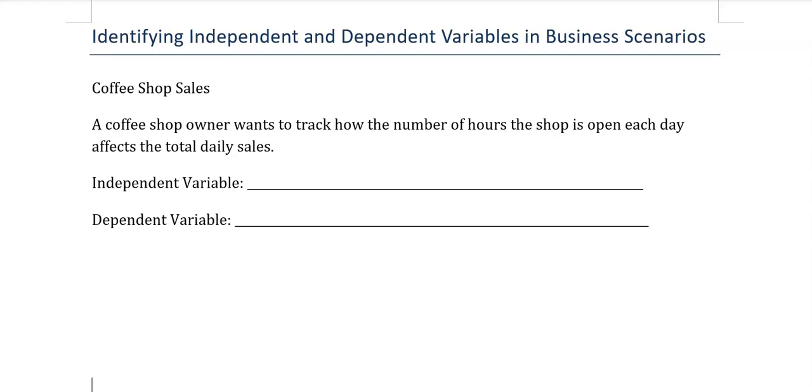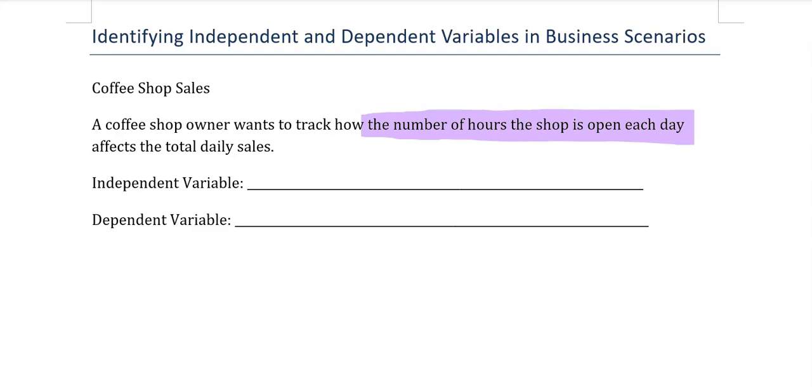A coffee shop owner wants to track how the number of hours the shop is open each day affects the total daily sales. I can control the number of hours the shop is open each day. What I cannot control is the total daily sales. The total daily sales comes based off of the number of hours the shop is open each day.